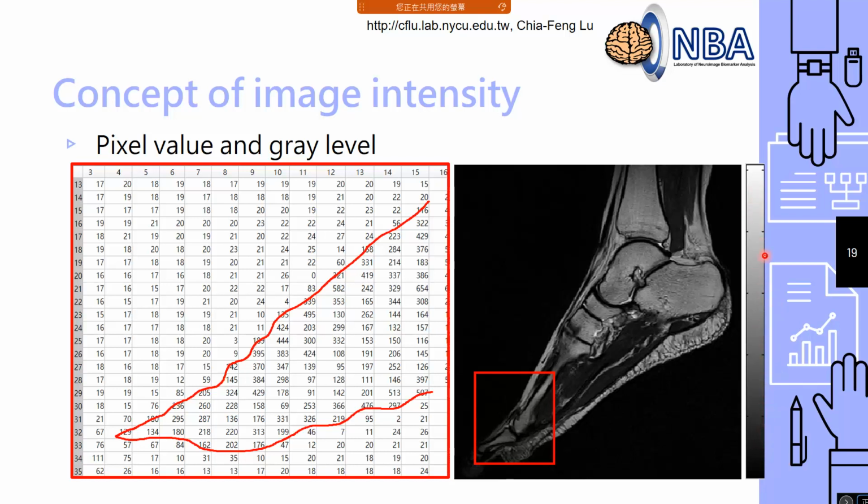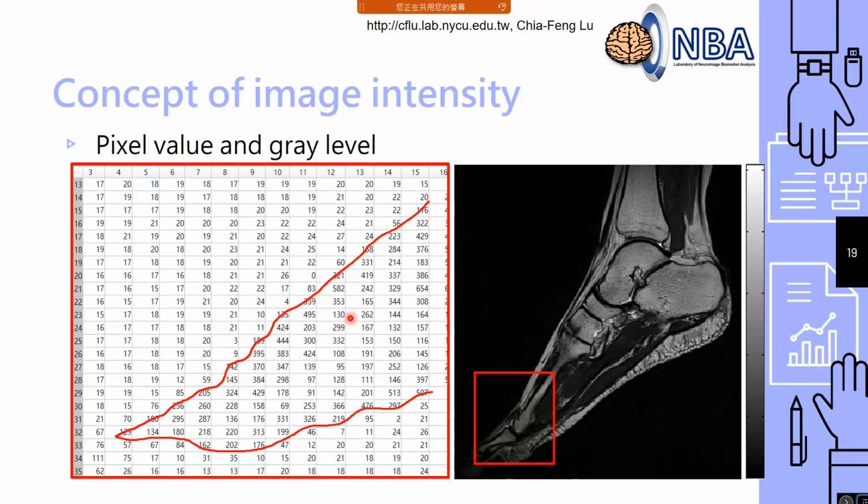There are several different levels. So this is the so-called gray level, or we can use the plural, gray levels. Typically, we may have, for example, 256 different gray levels between pure white and pure black right here. And for each level, it can be assigned a specific pixel value.